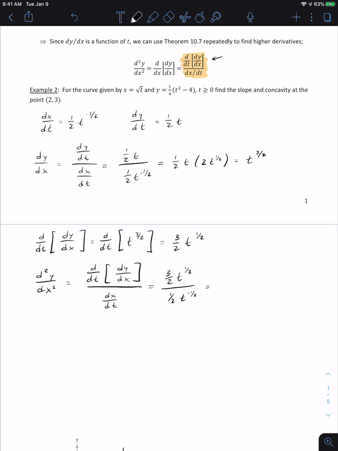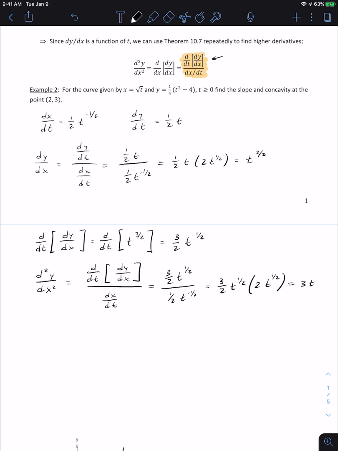Right, so I end up getting here 3/2 t to the 1/2 times, again, instead of dividing by 1/2, I multiply by 2, and instead of dividing by t to the negative 1/2, I multiply by t to the 1/2. So I end up getting just 3t.